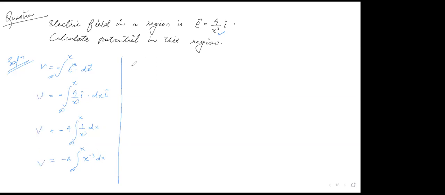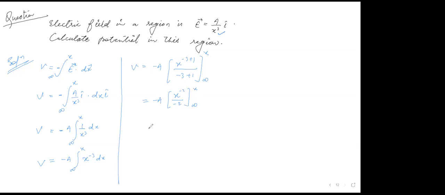V is equal to minus A. After integrating X to the power minus 3, you get X to the power minus 3 plus 1 over minus 3 plus 1, from infinity to X: minus A, X to the power minus 2 over minus 2.